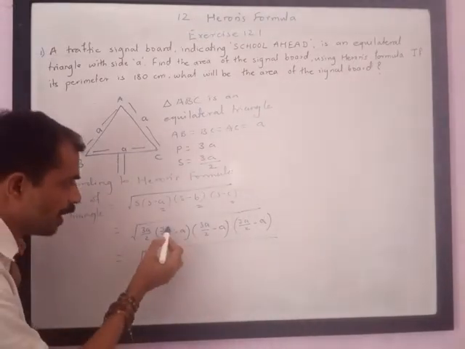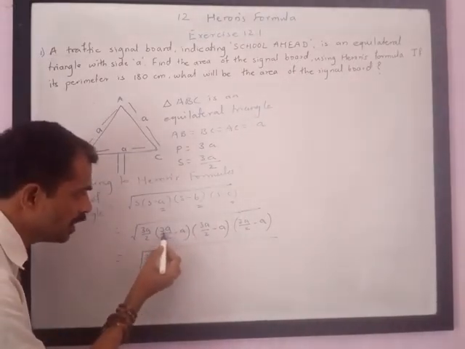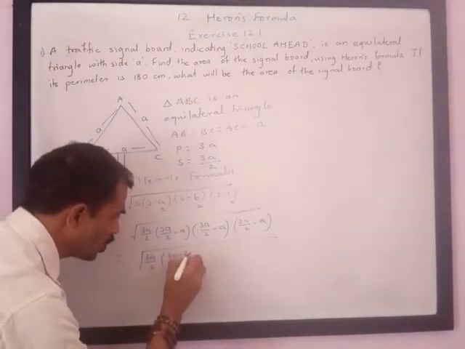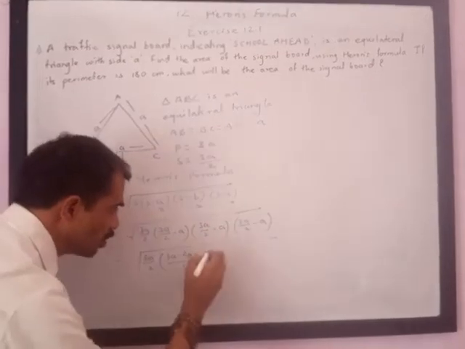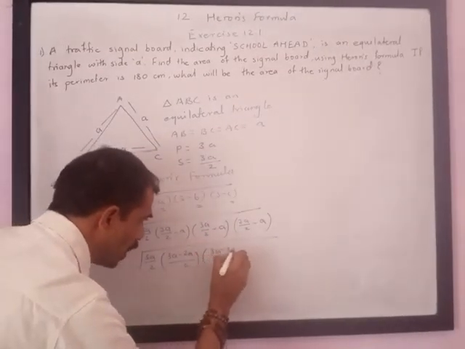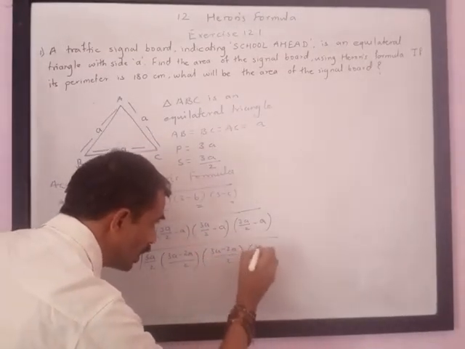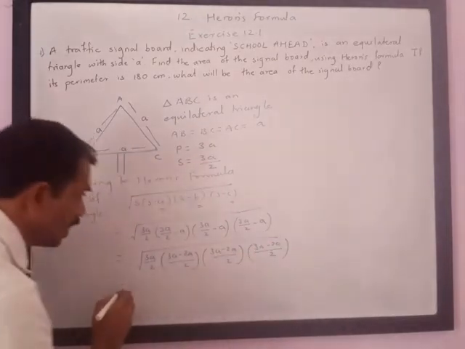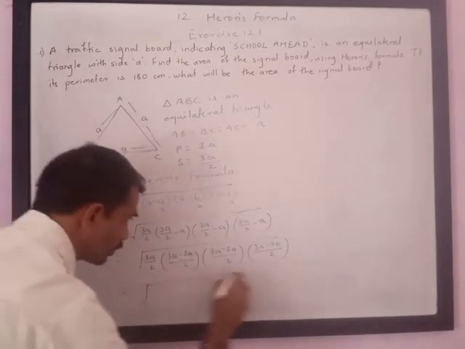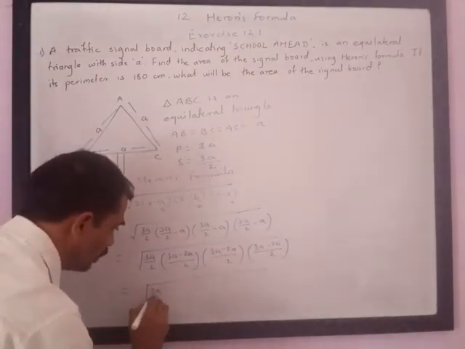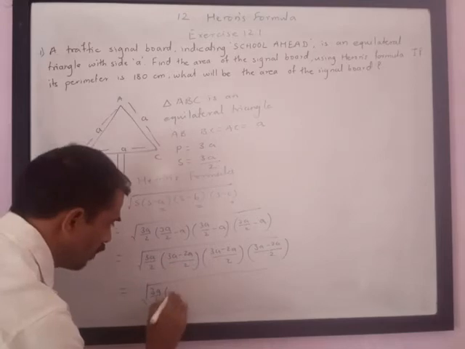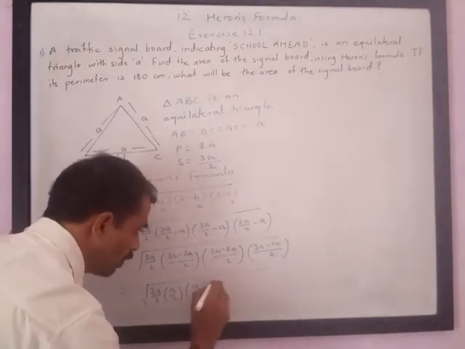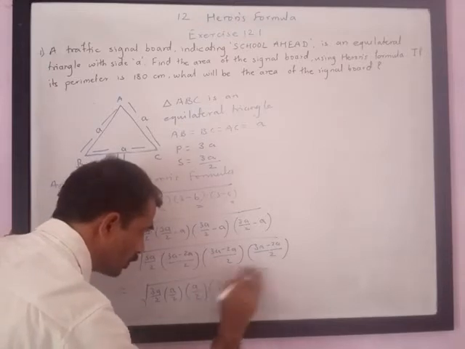Now make the denominator same. So this will be 3A minus 2A upon 2, and the others will also be the same. So this is equal to under root 3A upon 2, then A upon 2, the second bracket will also be A upon 2, and the third bracket will also be A upon 2.